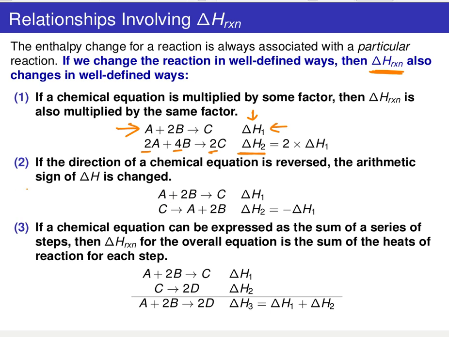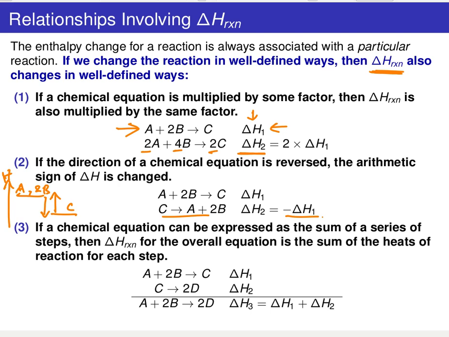So for example, if we have A and 2B up here, and our little delta H of reaction, and we go down here to form some product C, then we're going to have a delta H1 that will be negative. We're obviously giving off energy here, but if we switch the process around to go back up, it's the same magnitude, but it will be an opposite sign.